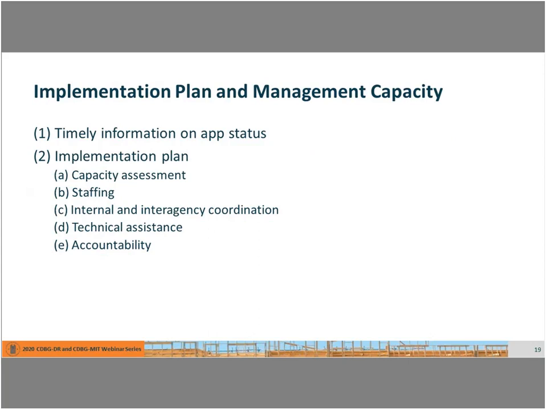So on implementation plan and management capacity, part of an additional need in the disaster recovery world is to be sure you're able to provide timely information on an application status. Where and how does one create and maintain timely information on the status of an application? Essentially, it comes down to having an effective information management system.